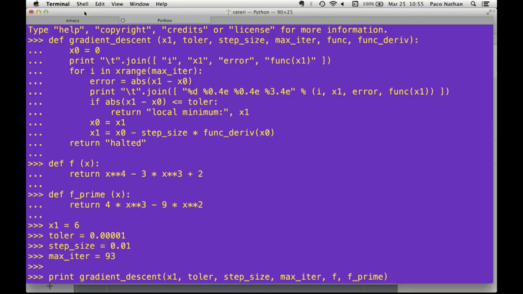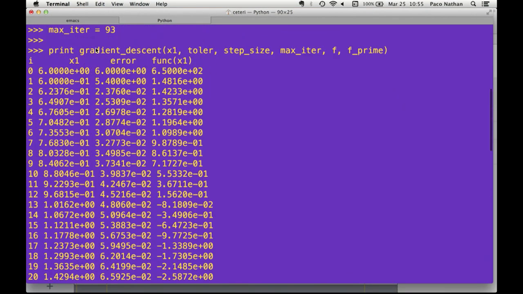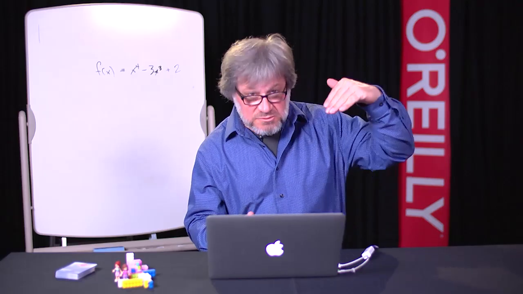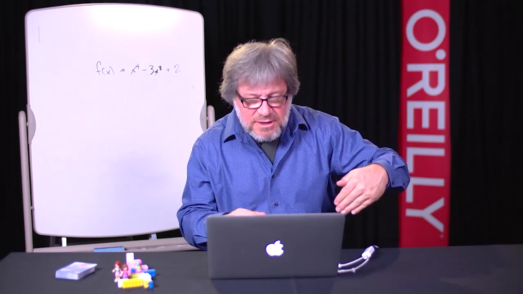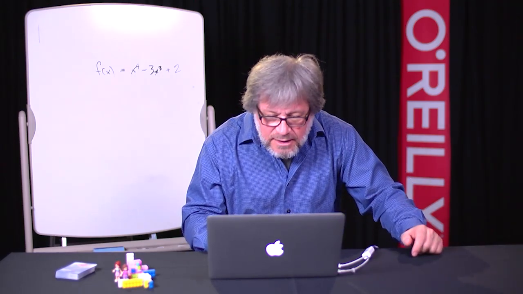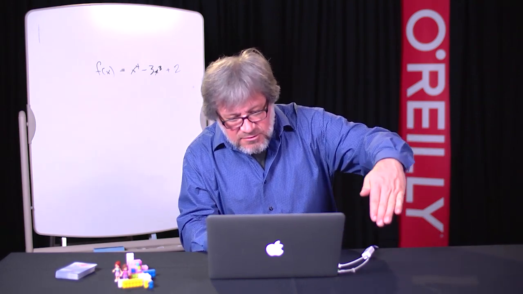OK, if I paste this in, blam. It starts iterating through. You can see iteration I and what the x value is, basically what you're plugging in. You can see how big the error is, and then also the function value there. So you're correcting going down the hill.